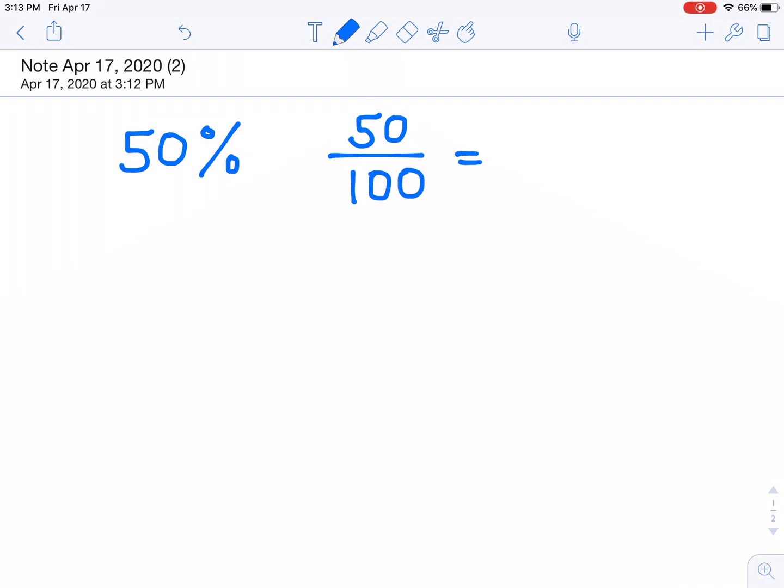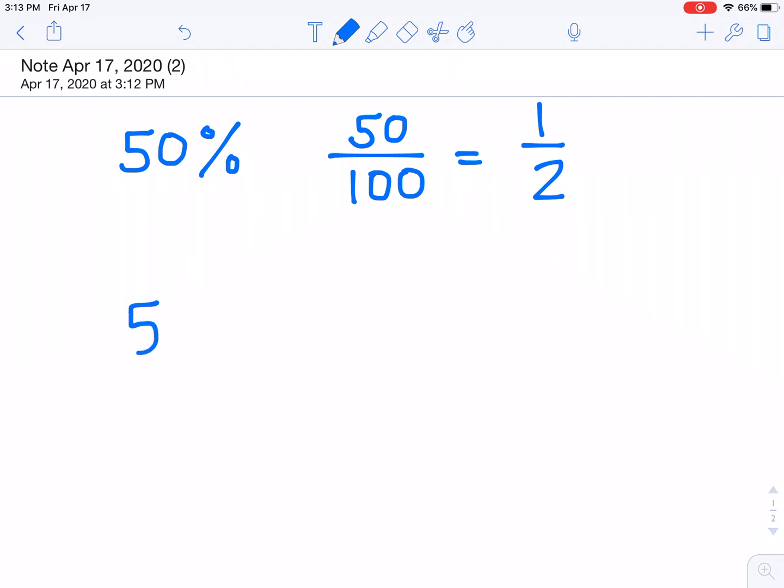Which also equals half. So that means he got half of the votes, right? Now, when it says he got 50 out of 100, that doesn't mean that only 100 votes were cast. It just means that he got 50% of however many votes were cast. So, if 100 people voted, he got 50 out of 100 and he got a half.